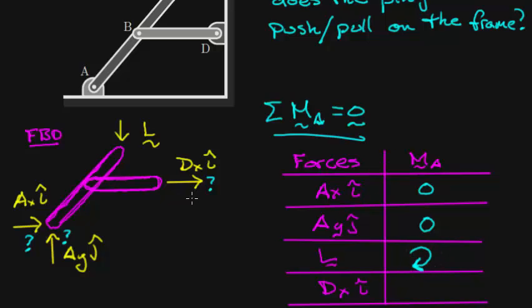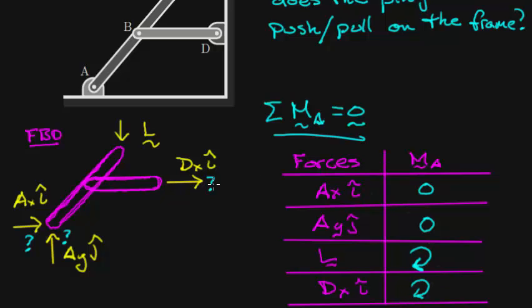Now DX, at least the way I've drawn it right here, if DX is pulling to the right, then this one also makes a clockwise moment. And that's a problem. You see, these moments all have to add up to 0. So I've got a clockwise moment from L plus a clockwise moment from DX. That's going to give me a net clockwise moment, and that cannot happen. So that tells me something's wrong here. L is going straight down, and it has to have a clockwise moment, but for DX I didn't know which way it pushed or pulled. I drew it to the right, but obviously it's not to the right, because if DX was to the right, it would create this clockwise moment, which would not balance all the moments out.